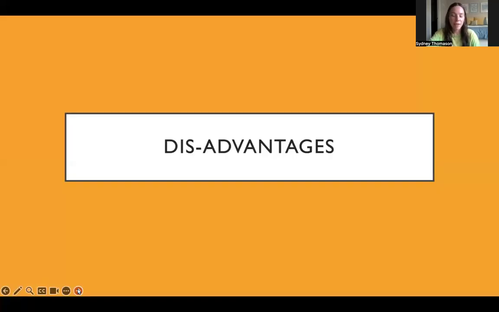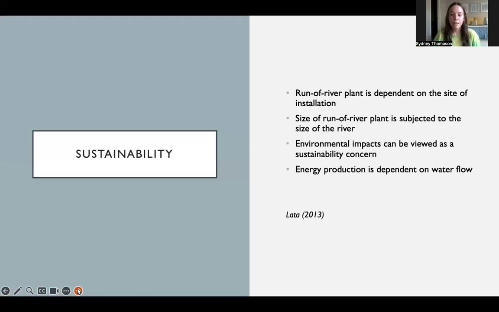All right, just like there are advantages, there are always disadvantages to things. So the sustainability disadvantages: one key factor influencing the sustainability and effectiveness of run-of-river plants is the site where they are located, since they do require a river with a significant flow of water. It is not ideal to put a plant on a river that is likely to dry up, because some of that diverted water will cause a gap in the river of lower flow.